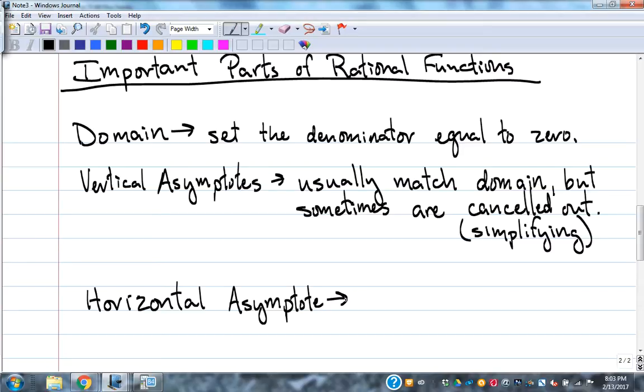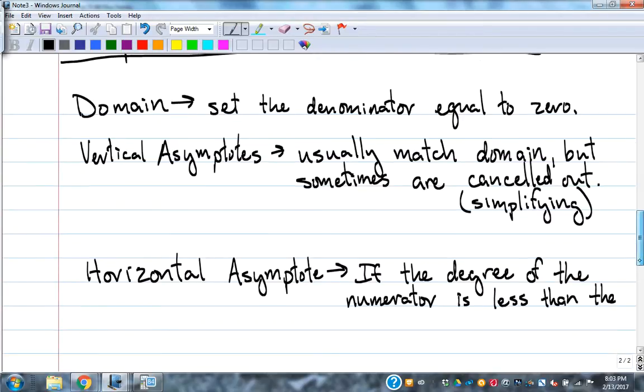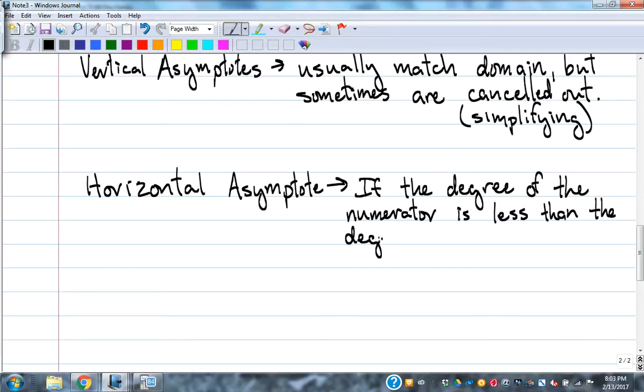This happens only if the degree of the numerator is less than the degree of the denominator.